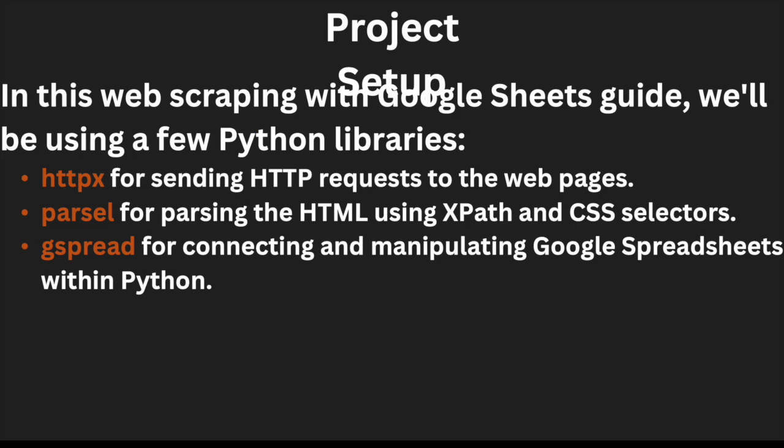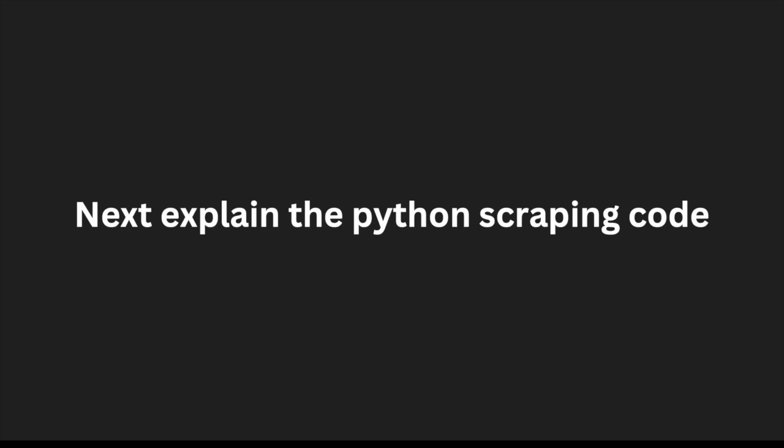Our configuration is finally complete and we are ready to do web scraping into Google Sheet. But first, let's take a look at how we can manipulate Google Sheets with Python. In this web scraping with Google Sheet guide, we will use a few Python libraries: HTTPX, Parsel, and gspread. Next, we explain the Python scraping code.